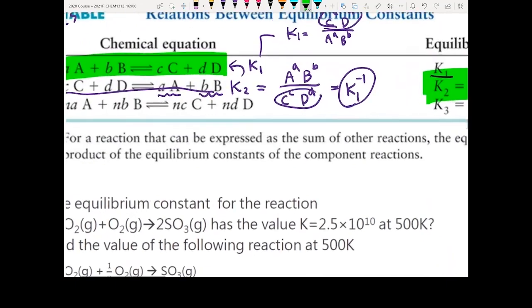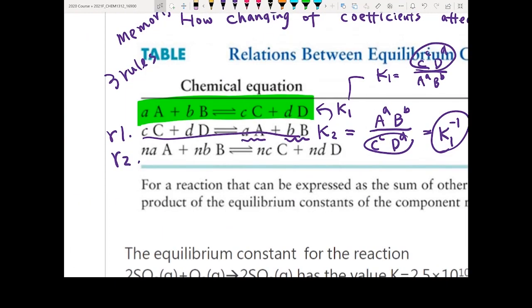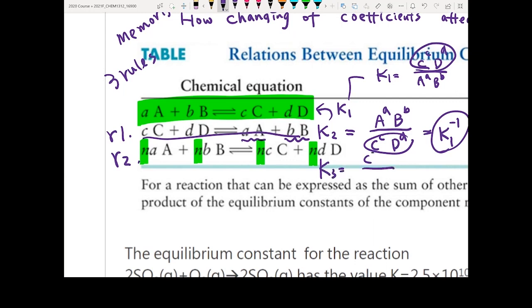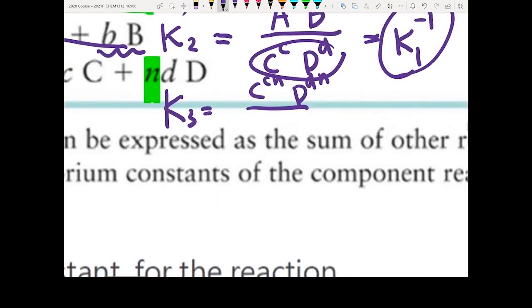Rule number 2: if I multiply the whole equation by a factor n, the new equilibrium constant K3 is going to equal C to the c's power times n, D to the d's power times n, divided by A to the a's power times n, B to the b's power times n.